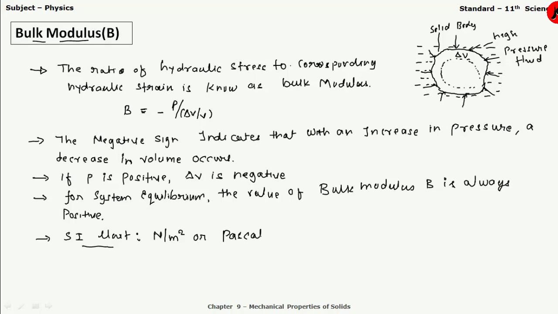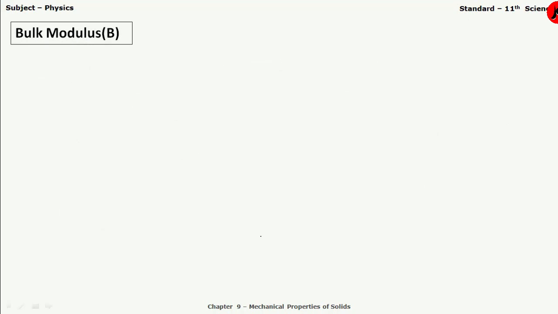Now a new term is introduced, which is compressibility. What do we mean by compressibility and how can it be defined? The compressibility is the reciprocal of bulk modulus.